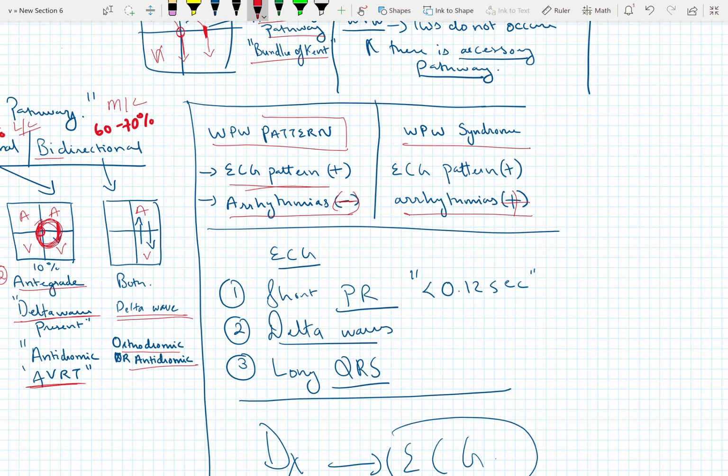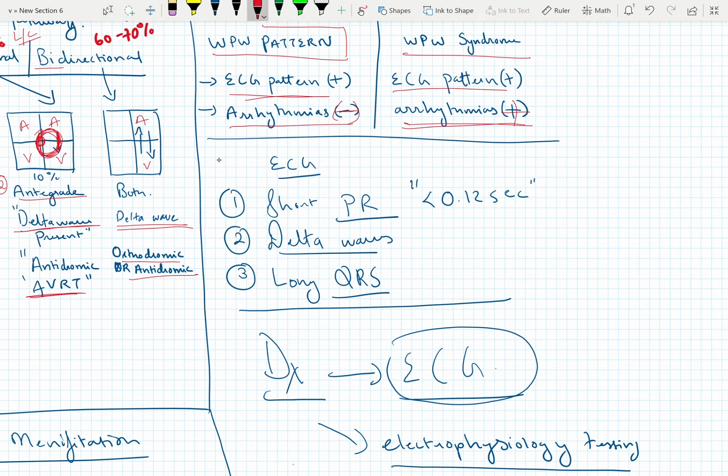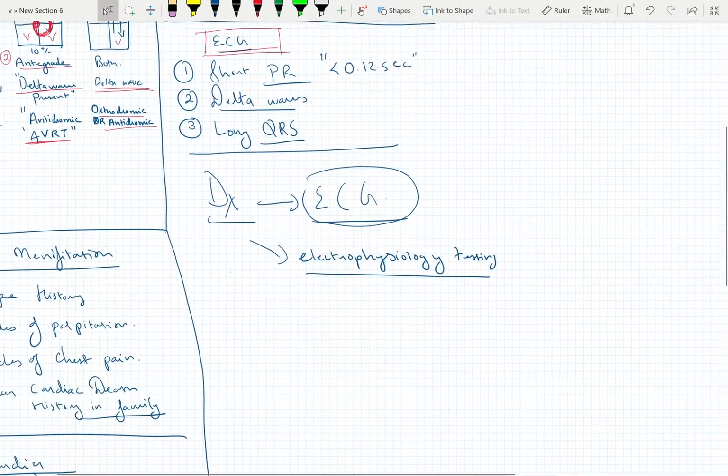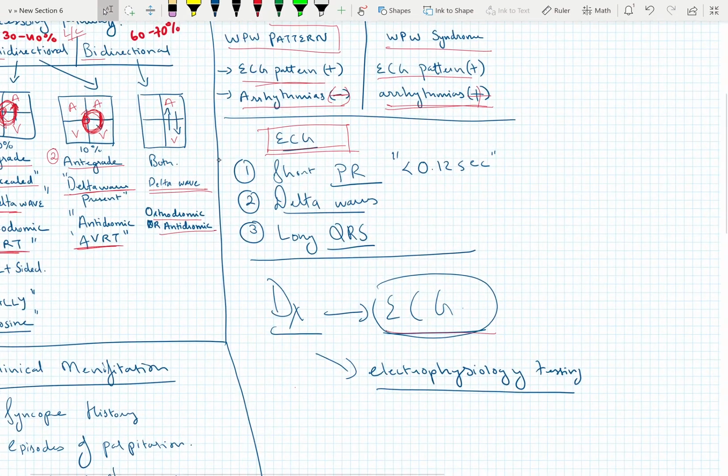But if a patient comes to you with an ECG pattern of short PR, long QRS, and a delta wave, and has a history of syncope or something like that, which suggests a past history of some kind of arrhythmia, then you will say that the patient has WPW syndrome. So this is the ECG criteria for WPW syndrome, and usually for diagnosis you just need an ECG.